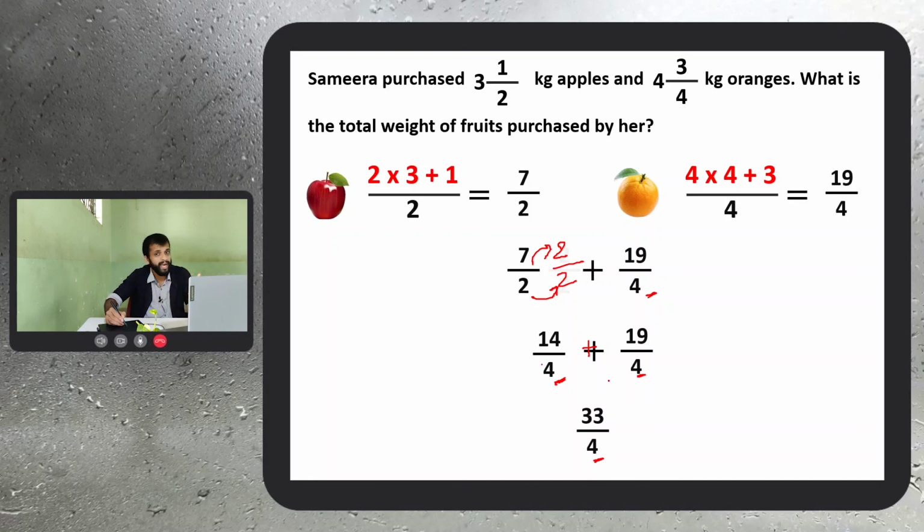We don't add the denominator, we just write it once under one roof, and the numerators are the numbers that we add. So 14 plus 19 will give me 33, whereas 4 is written once and we don't add 4. So 4 plus 4 is not 8 over there. You just write 4 once when you are adding or subtracting two fractions. Denominators have to be same, and then you just write them once.